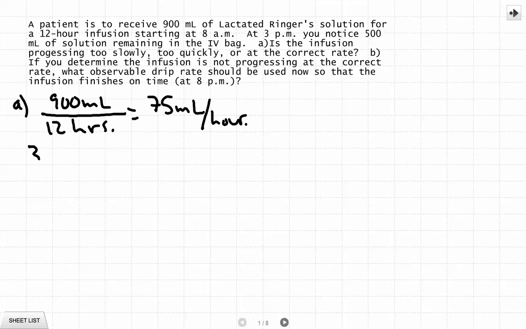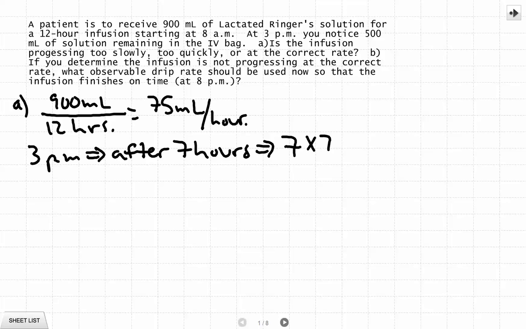So when it's 3 p.m., as we said, that's after 7 hours. So if for every hour 75 milliliters is used up, if we multiply that by 7 for the 7 hours, then 525 milliliters should be infused.